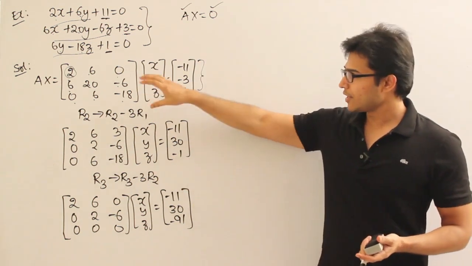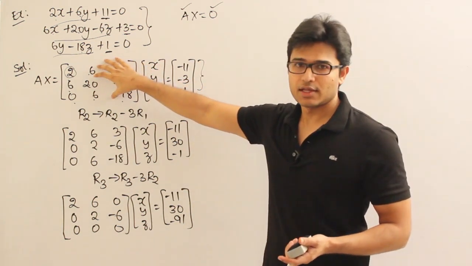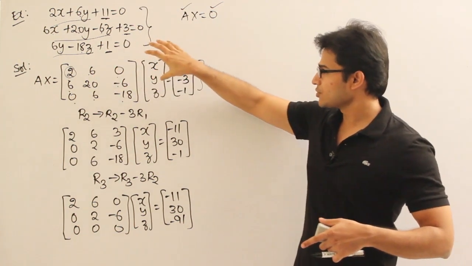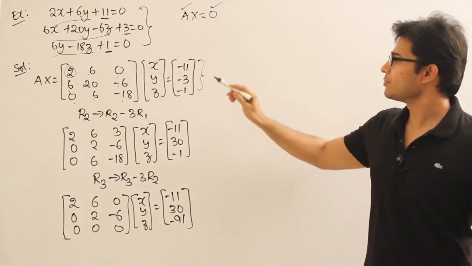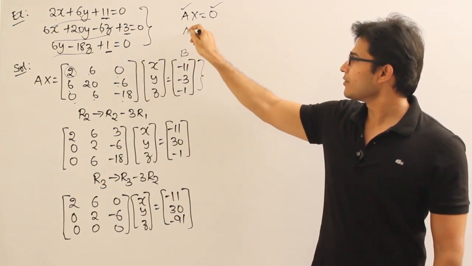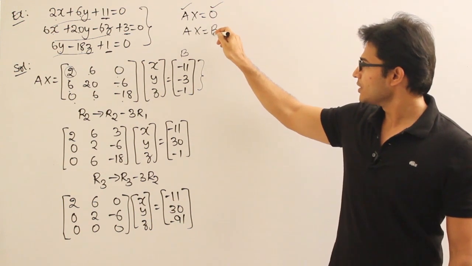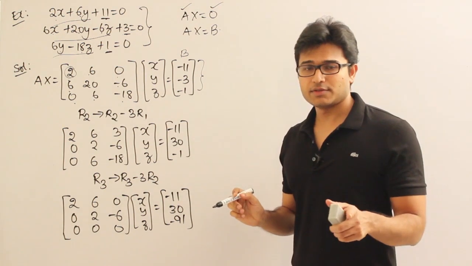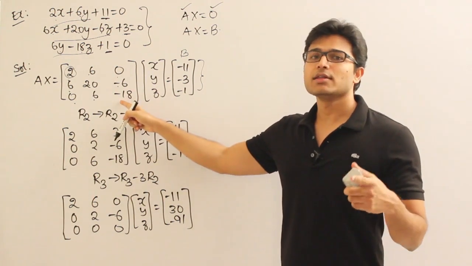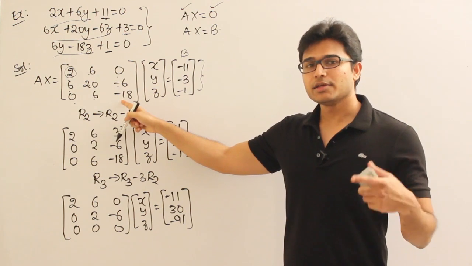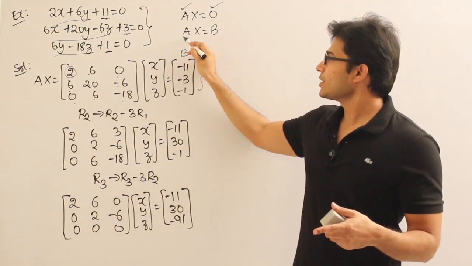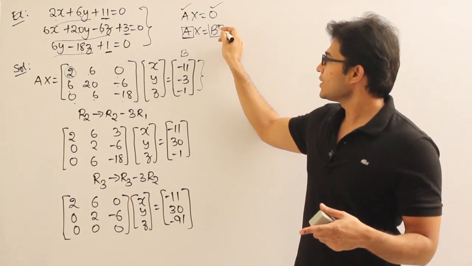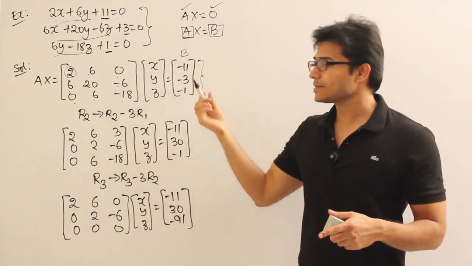But now when you are transforming the A matrix, whatever row operations you apply on A, you are also supposed to apply them on B. Let's call this B. I have written this in the form Ax = B. Earlier we applied row transformations only to the matrix A to get the echelon form, but here whatever operations you apply on A, you must apply the same operations simultaneously on B as well.